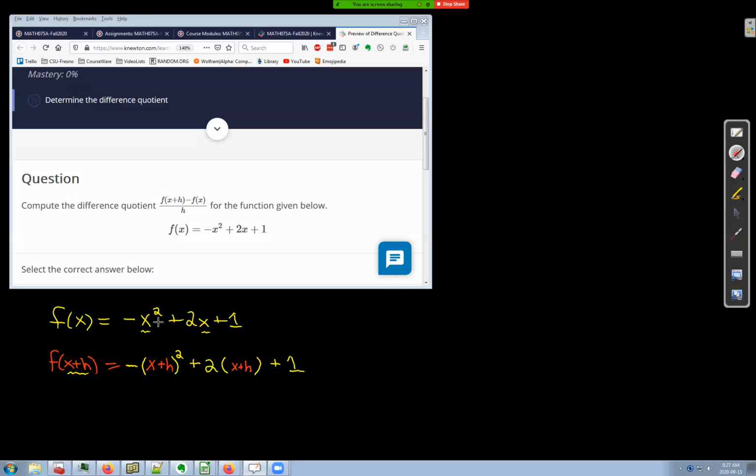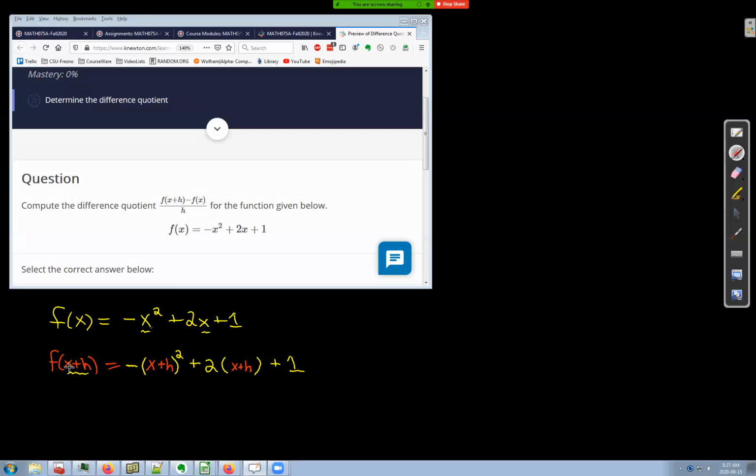So now if you compare what we have down here with what we have up here, you can see that I basically have the same thing down here as I have above, only everywhere I see an x above, I have x plus h. But by setting up those parentheses the way I did, it helps me avoid making mistakes, because up here the entire x is getting squared.